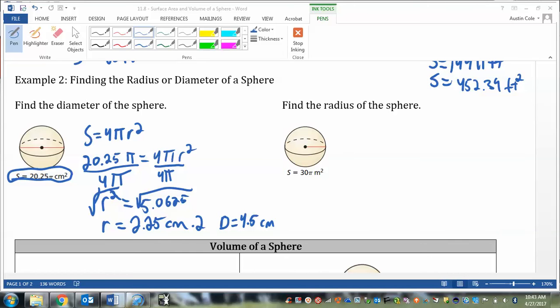Divide. Oh, you have to put the whole thing. Right? Yeah, I got that too.